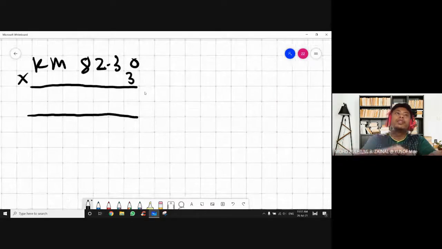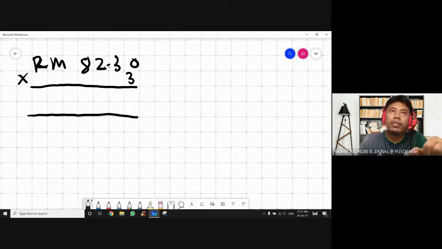Method of calculation dia sama je macam biasa, macam yang cikgu explain tadi. It's all same as what I did explain you before. However, the difference is there will be sen. Okay, so ada sen ni, ingat kalau ada sen ni, turunkan je sen tu dulu. So kamu ingat dekat situ ada sen.